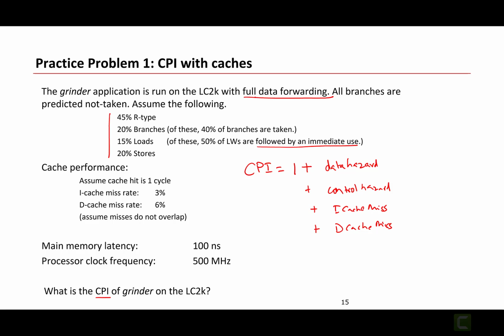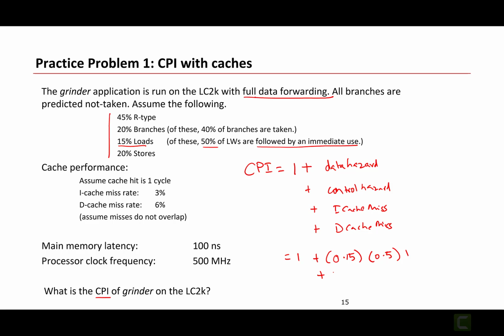For this problem, 15% of instructions are loads, and of those loads, 50% have this pattern where the load is immediately followed by a use. So the data hazard penalty is 15% loads, of them 50% have an immediate use, and the penalty when this happens is 1 cycle, because you need to stall the pipeline for an additional cycle.